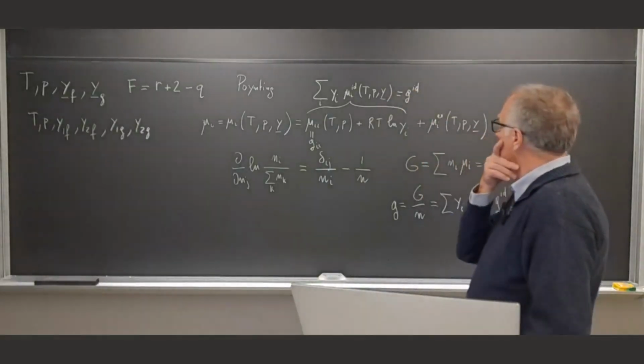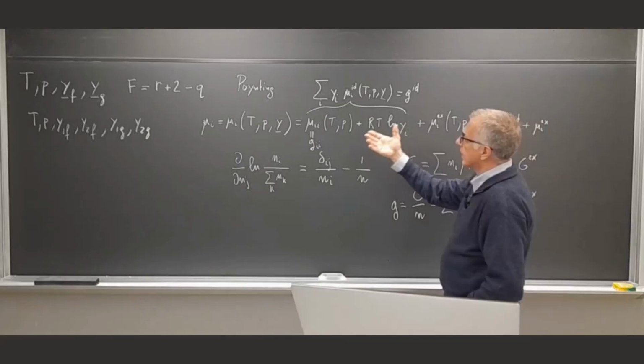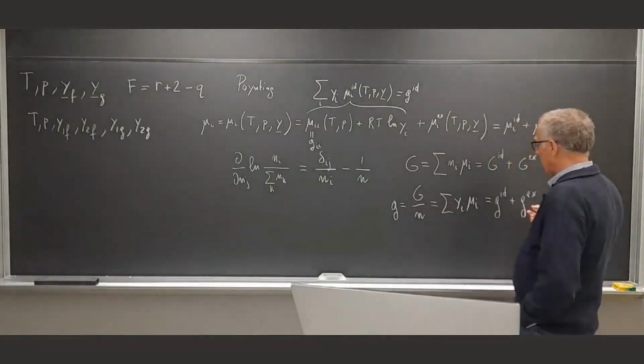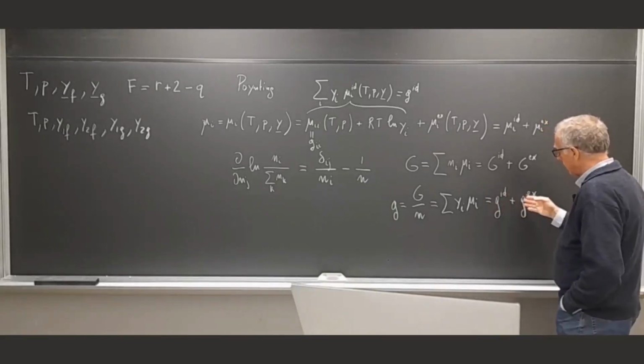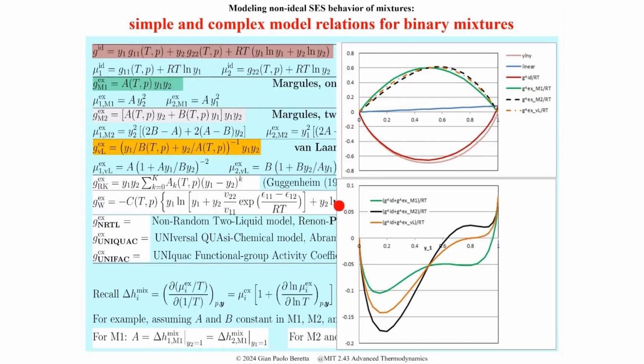So, in practice, you describe chemical potentials and therefore the Gibbs free energy of a mixture in this way by adding up contributions. So here are some examples of how these contributions look as a function of the mole fraction of component 1.